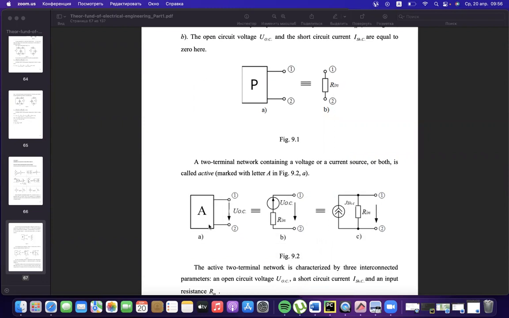If inside this two-pole there are not only resistors but some sources, it is called active and could be substituted either by an electromotive force and an equivalent resistor, or by a current source and also an equivalent resistor. For a voltage source, the resistor is connected in series, for a current source it is connected in parallel. But you could find this simplest equivalent circuit for any active two-pole.